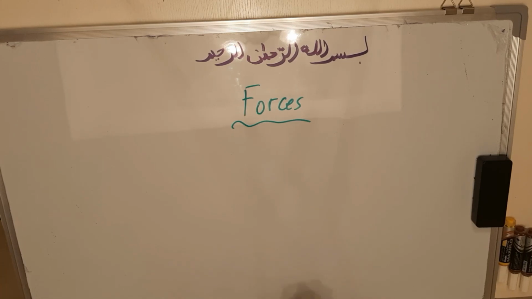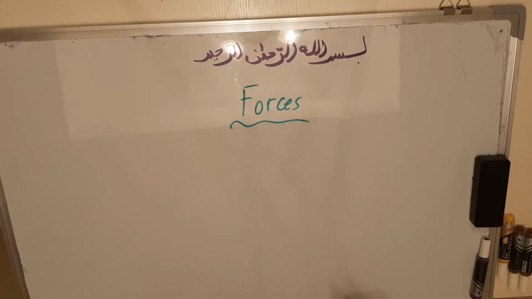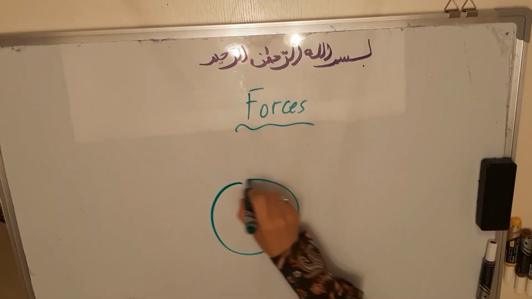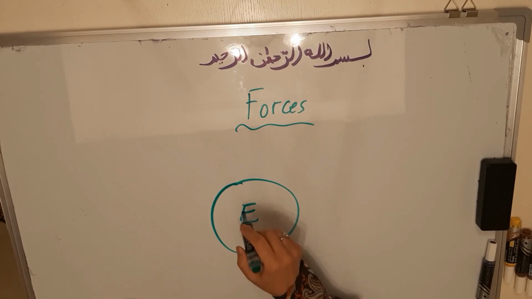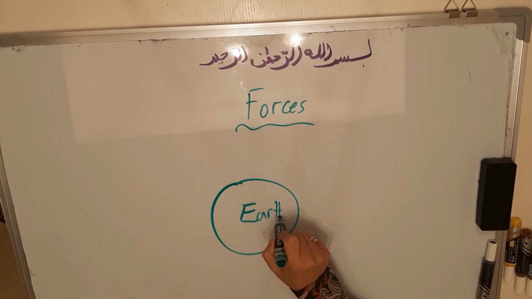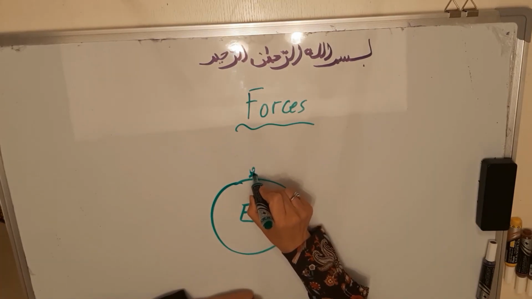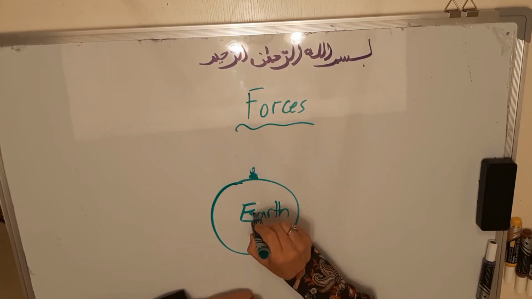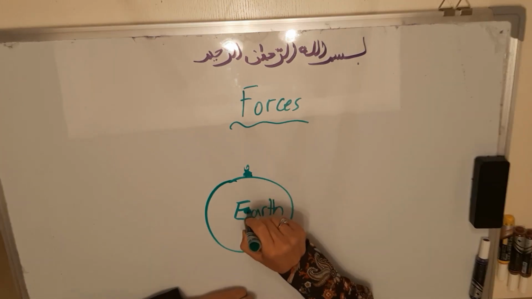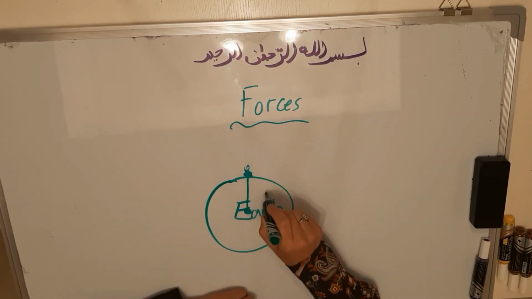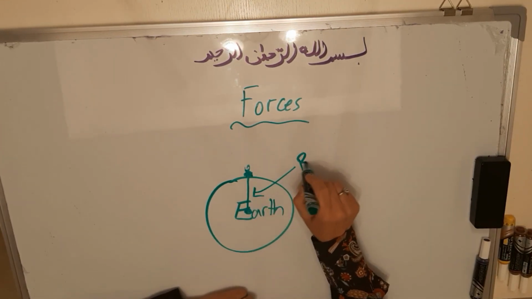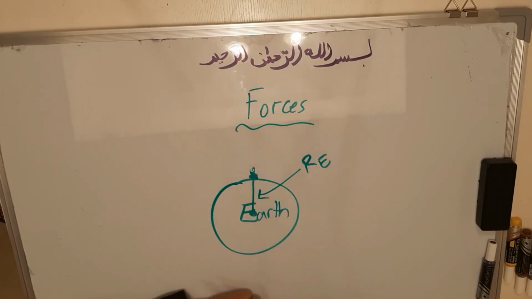And I was like, yes, I'm going to do that. So this is planet Earth, our beautiful planet Earth. And this is one of the students here. We're going to consider the distance from the center of the Earth to the student. What's that distance? This is the radius of the Earth.